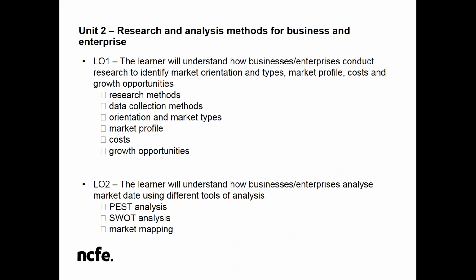Okay, I'm going to go on to Unit 2, where we're looking at the research and analysis methods for business and enterprise. So again, 2 learning outcomes for this particular unit. The first one, understanding how businesses and enterprises conduct research and identify market orientation and types.